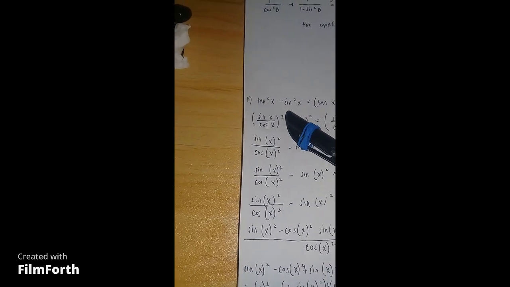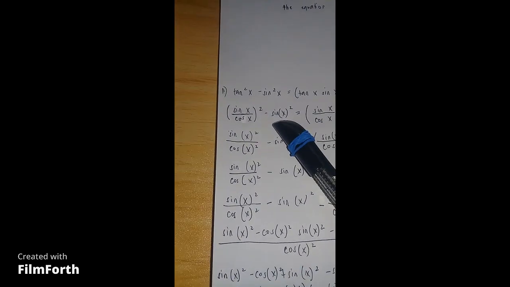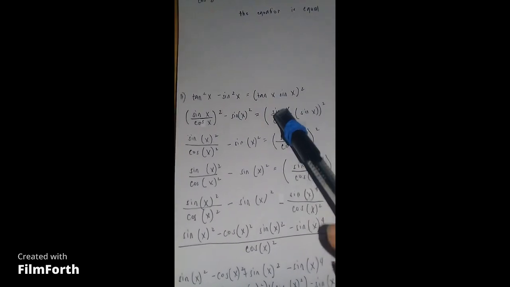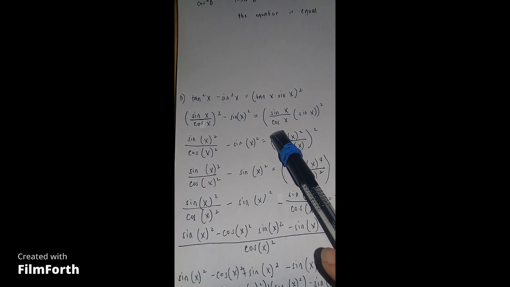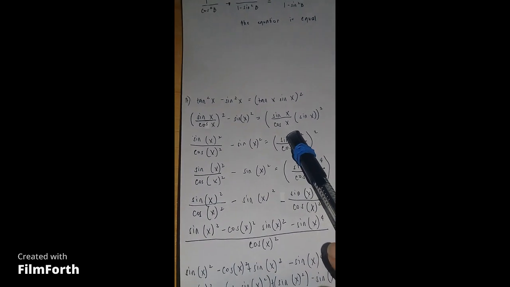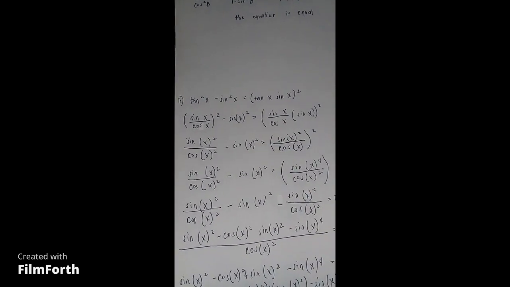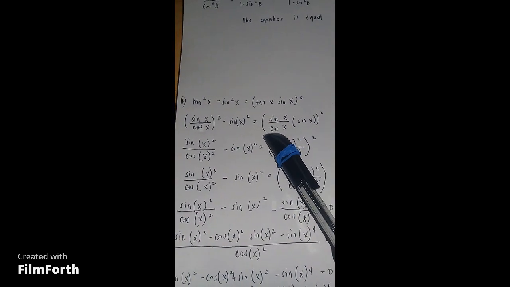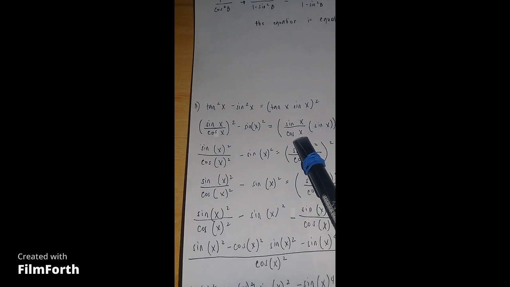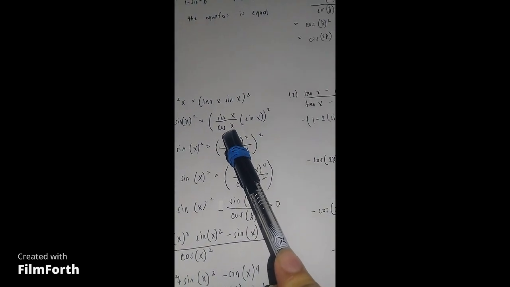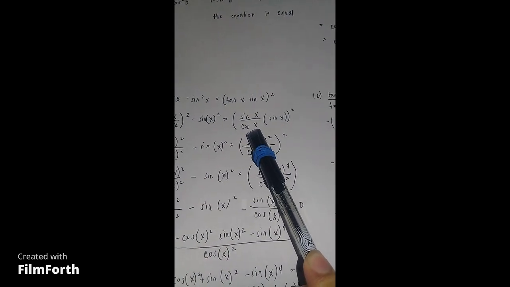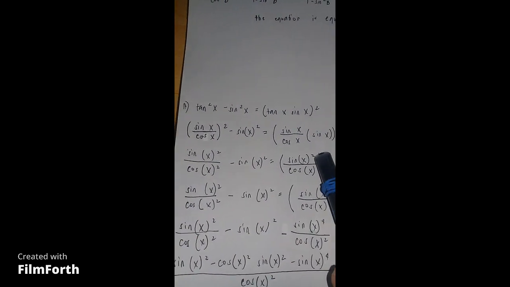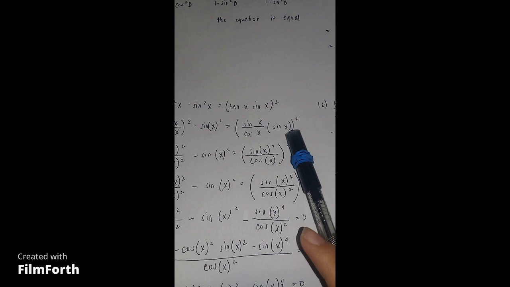Copy the negative sin x squared, and then the tangent x is equal to sin x over cos x. If you don't know where I got this, I got it from the Pythagorean theorem. So copy the sin x squared.